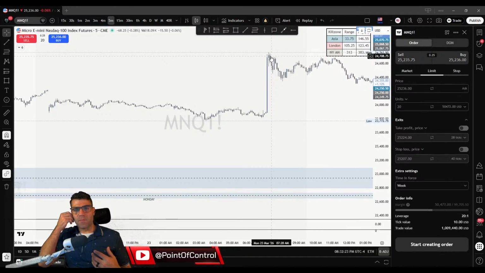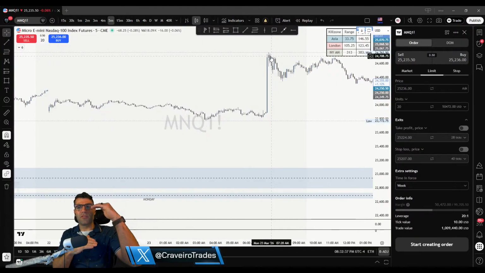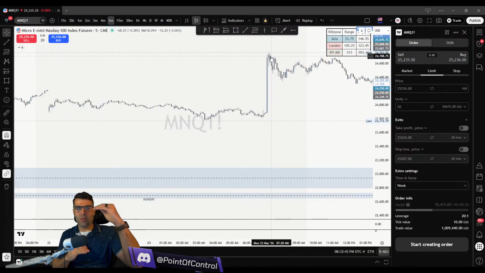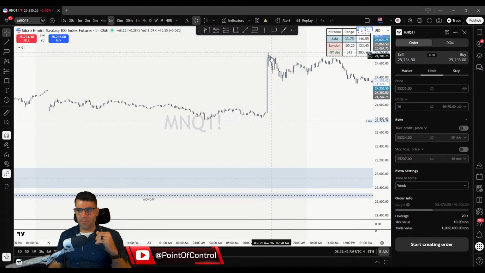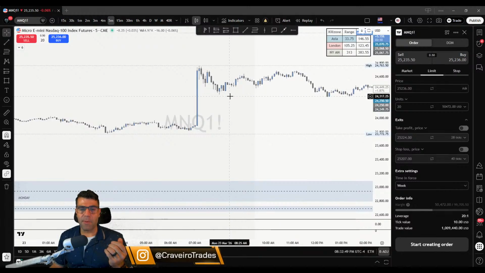I want to sell X amount of contracts at this position at the top, and I want to buy them back at the bottom. And I want to keep the money in between because I sold them prior, knowing that price was going to enter a downward trend, and I'm going to end up in profits.